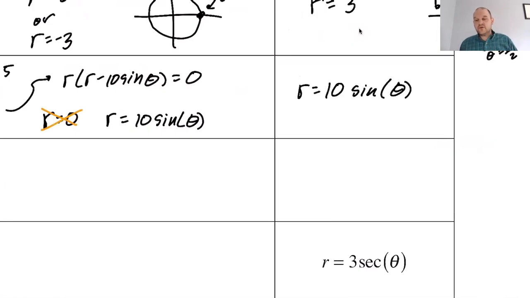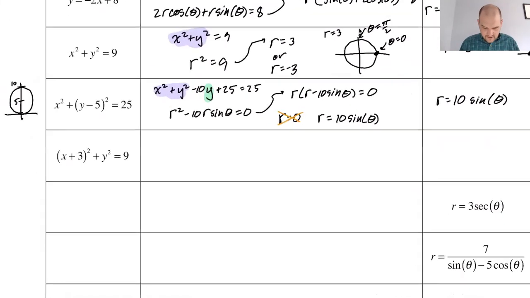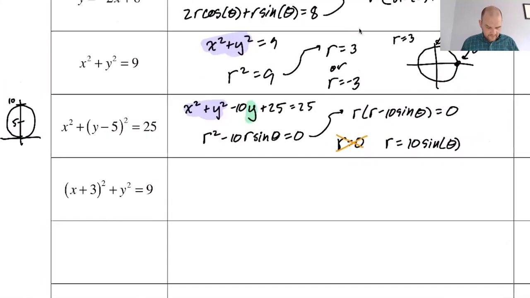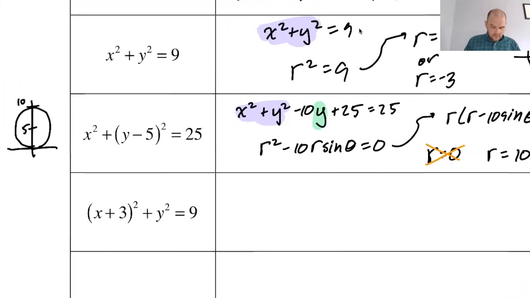All right, let's go back to the graph for a second and see if there are any commonalities. The polar equation that we got was r equals 10 sine theta. What am I noticing? This is centered on the y-axis, and we have said several times that y tends to go with sine things.